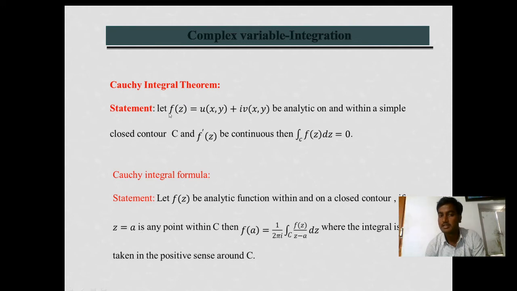See the difference: in one case there is no singular point inside the region, and in the other there is a point inside the region. If there is no point inside the region, we use Cauchy integral theorem, and the integral is 0. If there is any point which lies inside the circle, we use Cauchy integral formula. Right?